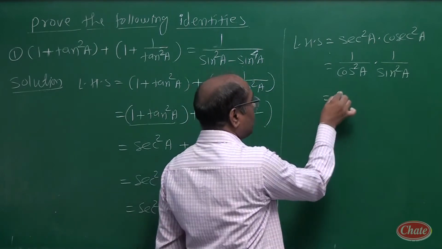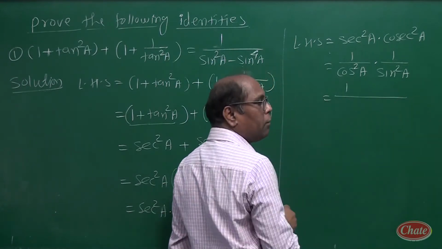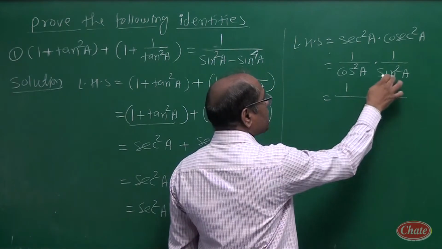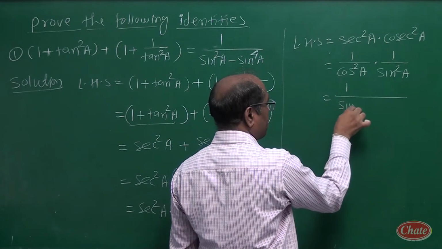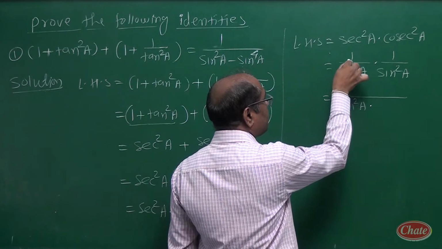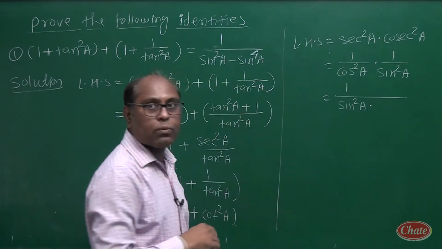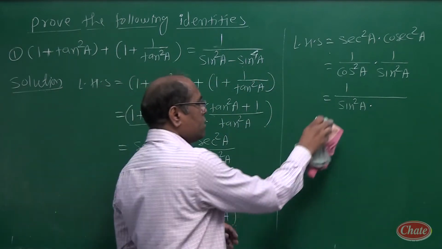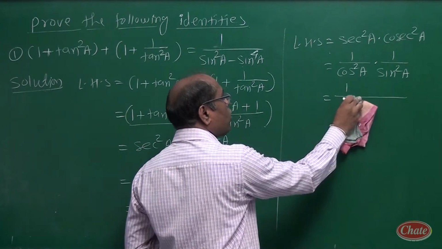So that is equal to 1 divided by sin square a into cos square a. But first we have to put the value of cos square a here.